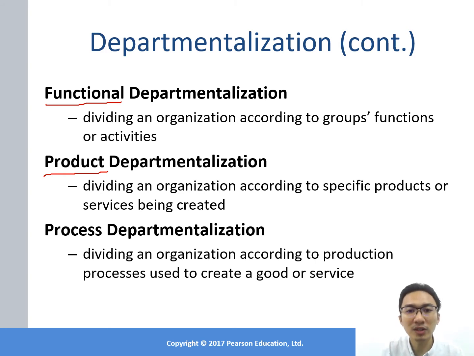They divide an organization according to specific products or services that are being created. This becomes especially useful when a firm grows and starts to offer multiple products or services. In a college, for example, we can departmentalize into a foundation department, diploma department, degree department, and postgraduate department.